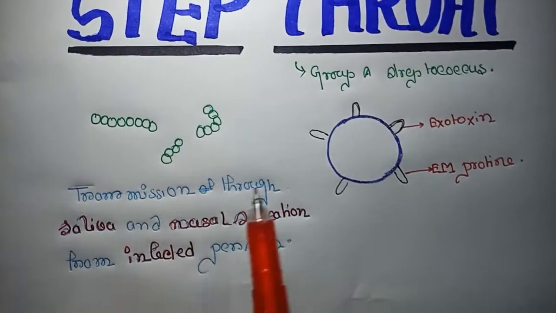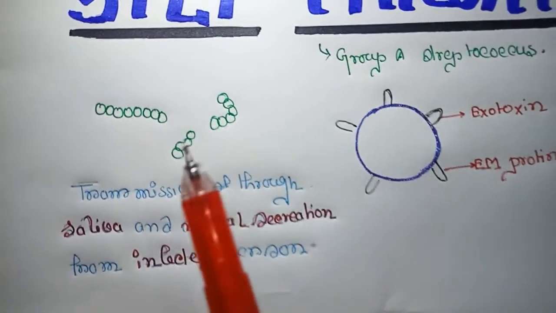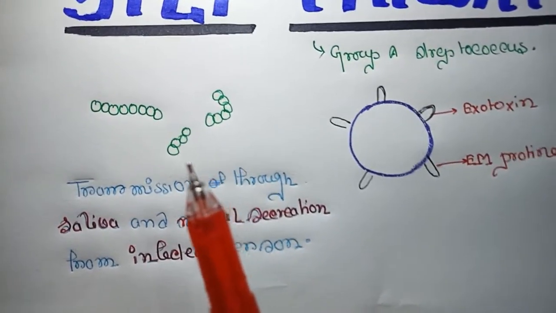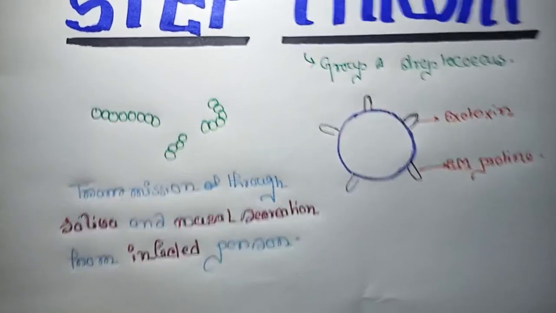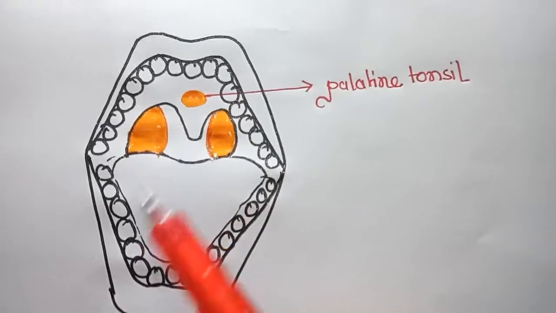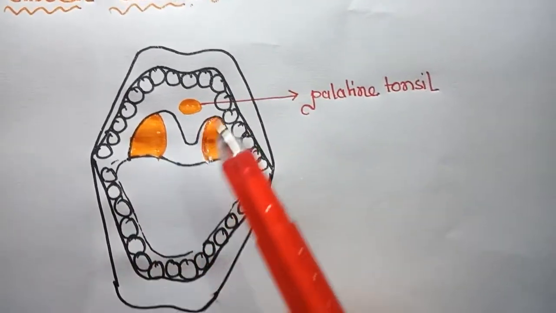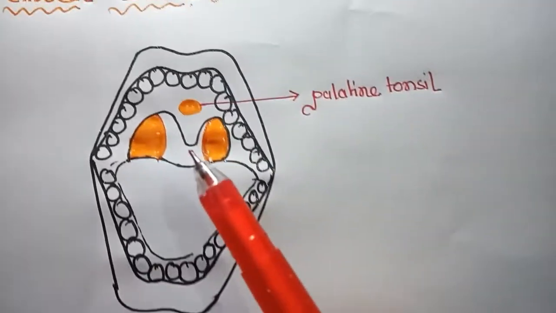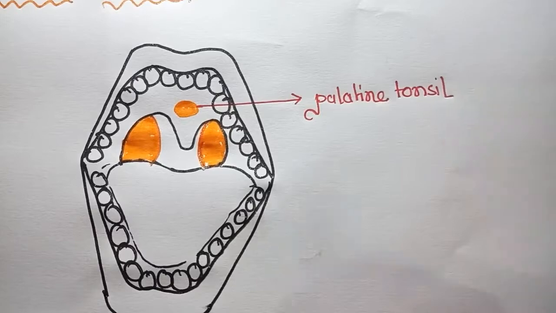Group A Streptococcus targets the palatine tonsil. However, it is also important to remember that group A Streptococcus is a common commensal organism.